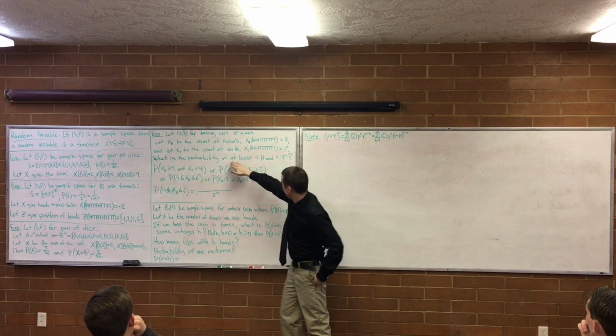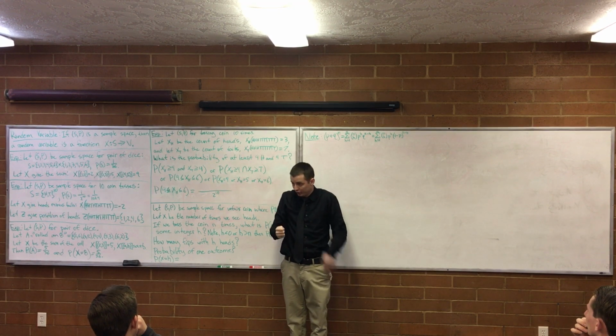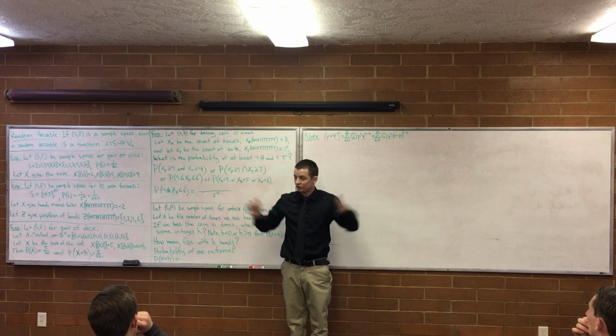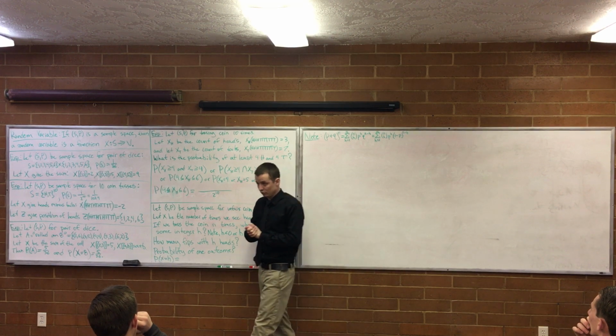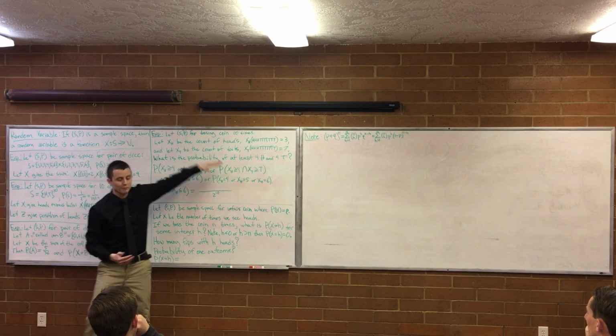What is the probability of at least 4 heads and 4 tails? So you've got a coin, you're going to flip it 10 times. What is the probability that in your 10 flips, at least 4 of them are heads and at least 4 of them are tails? Do you understand the question? Let's make sure you understand the question, then we'll go over the math to capture it.